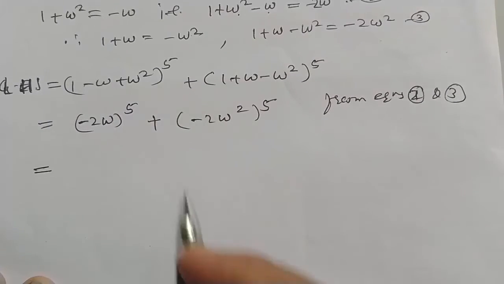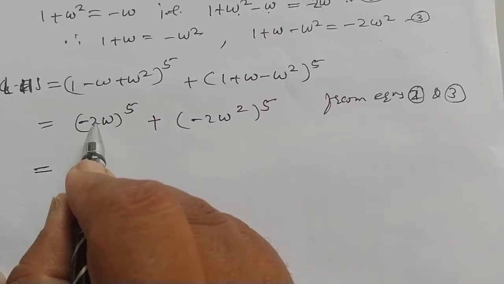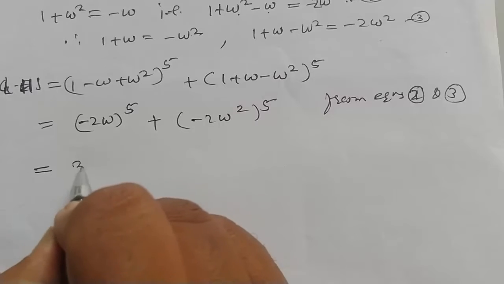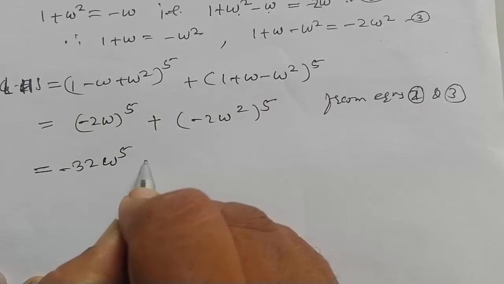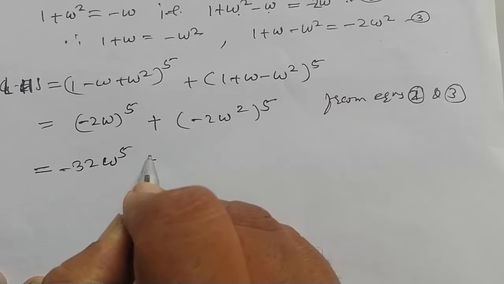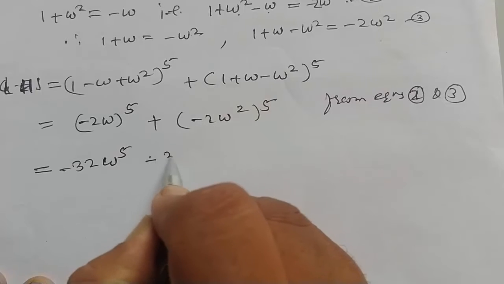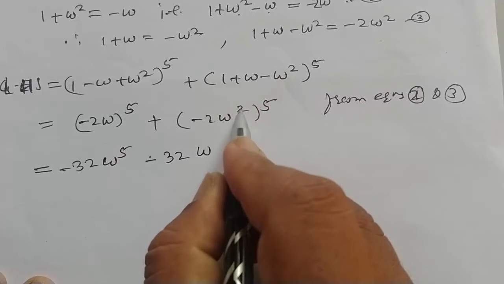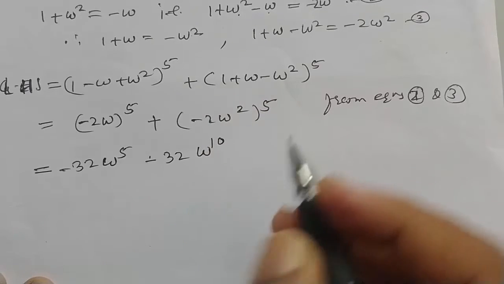Therefore minus 2 raised to 5 is minus 32 omega raised to 5, plus minus 2 raised to 5 is again minus 32, omega square raised to 5, which means omega raised to 10.